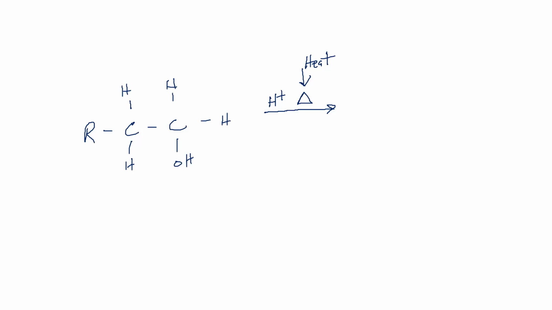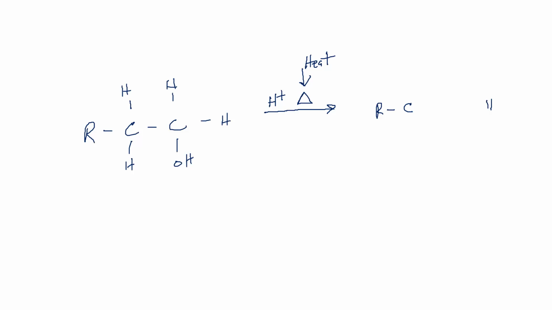So the other one, we had hydrogen and a catalyst. Here we have the hydrogen ion, a strong acid. And what it's going to do is act as a catalyst to remove the hydrogen and hydroxide. So that's why we call it a dehydration reaction.